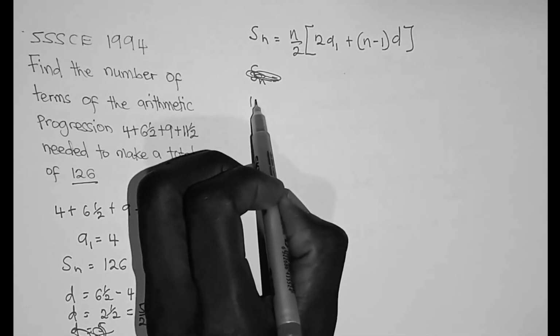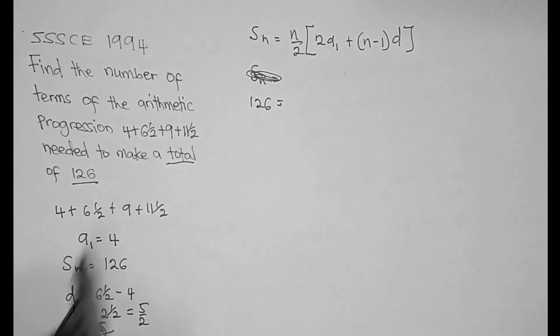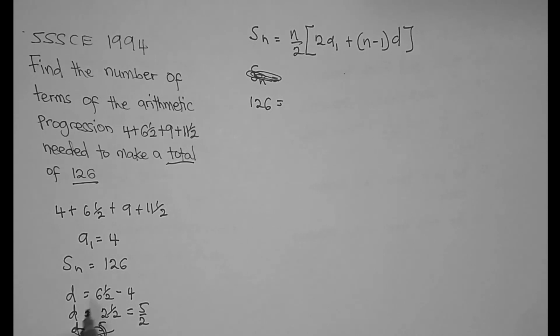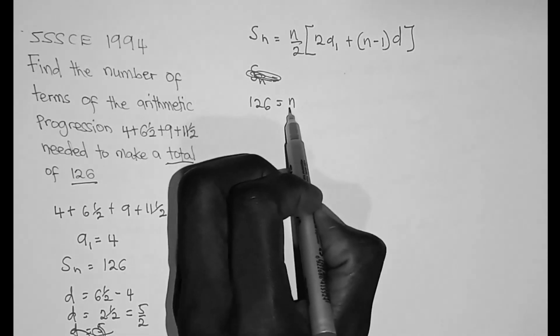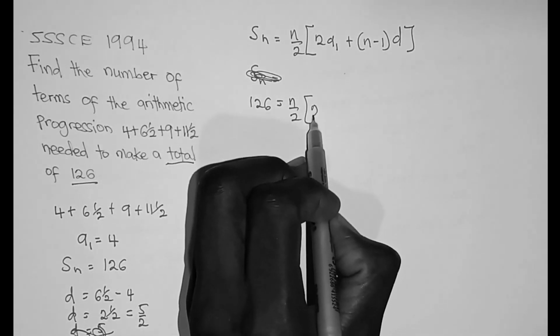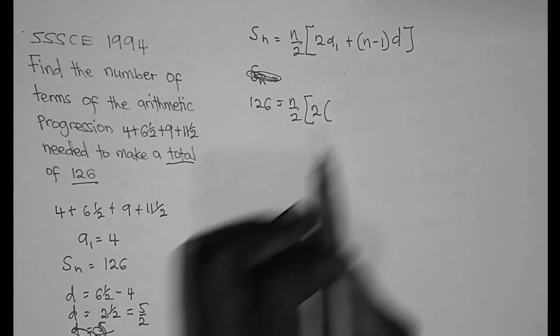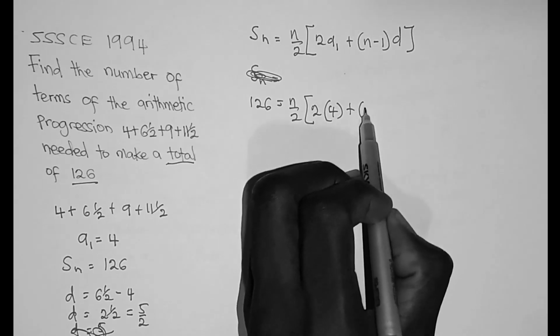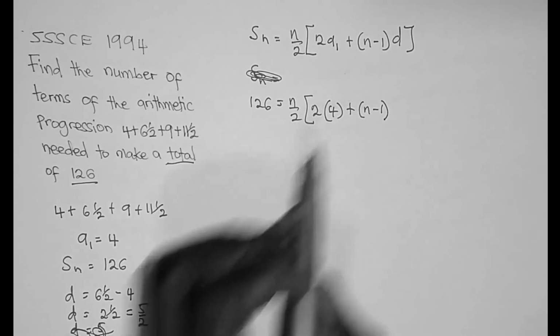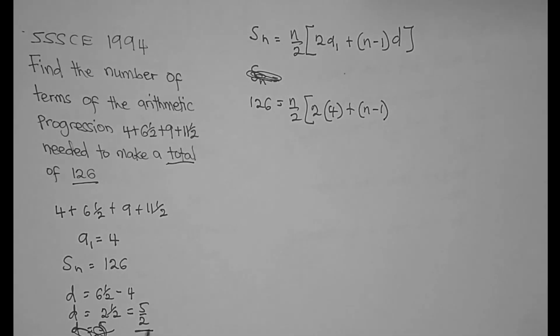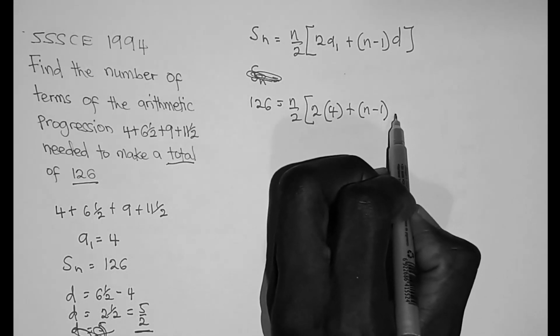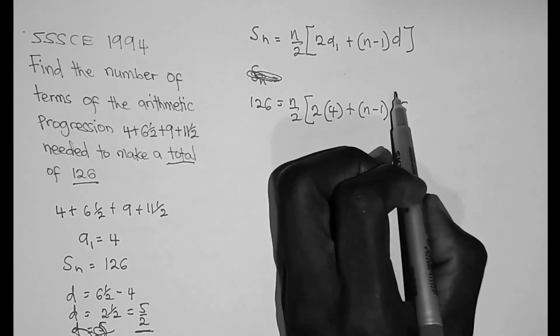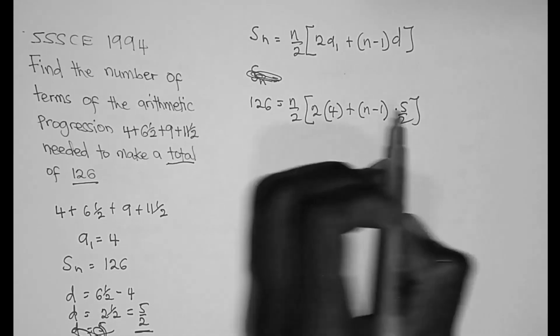Sn is 126, which is equal to n, which is what we are looking for. So n divided by 2 times 2a1, a1 is 4, then plus into bracket n minus 1 d. d is 5 over 2, so times 5 divided by 2.